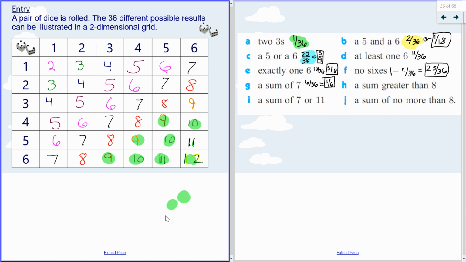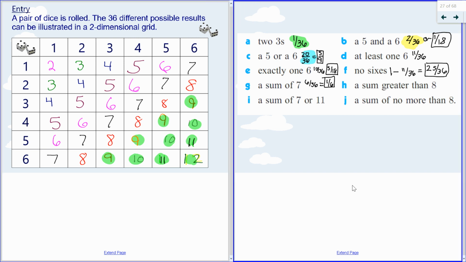All right. So 1, 2, 3, 4, 5, 6, 7, 8, 9, 10. 10 have a sum greater than 8. 10 out of 36. And if we divide by 2, we get 5/18.